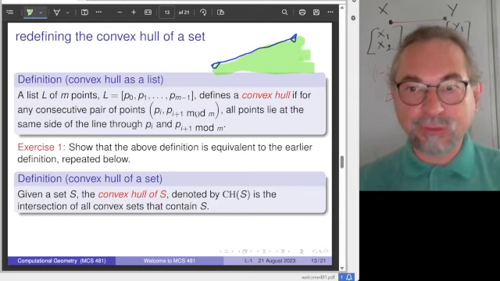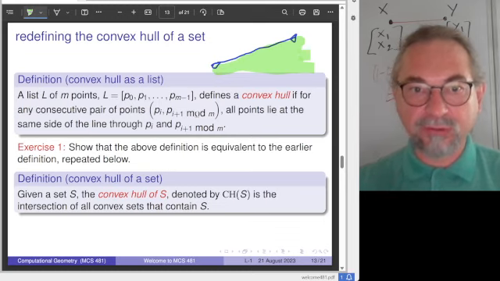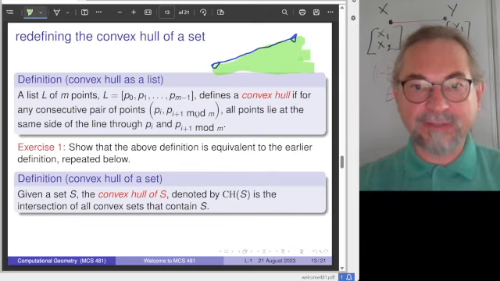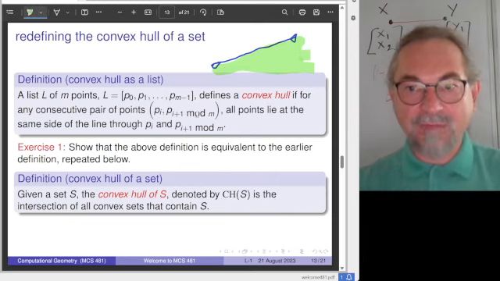So the exercise 1 is kind of critical to understand the notion of convexity, linked with line segments, half planes. So you can think of triangles.